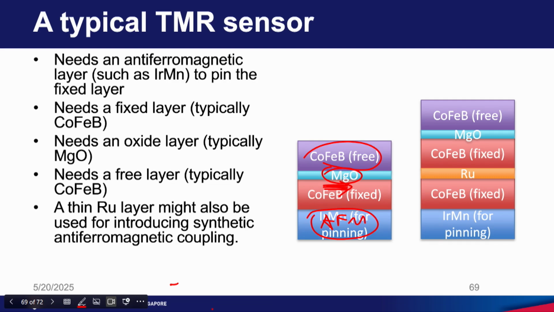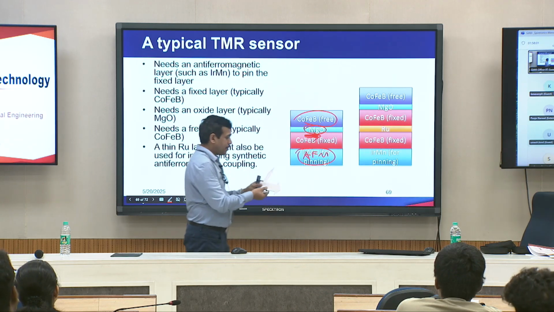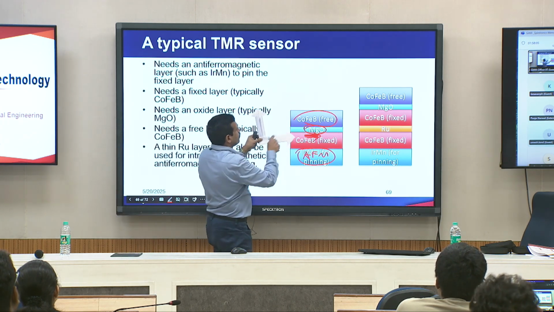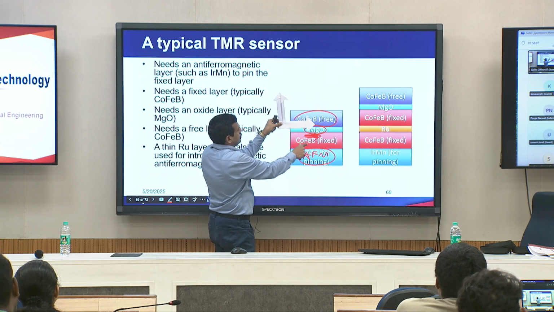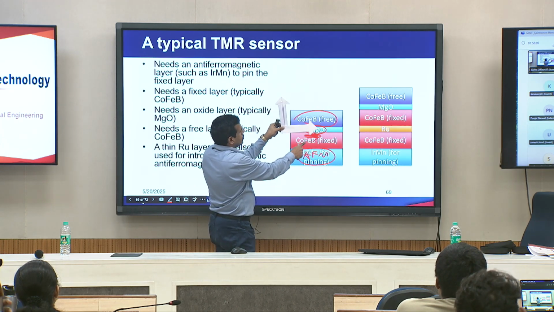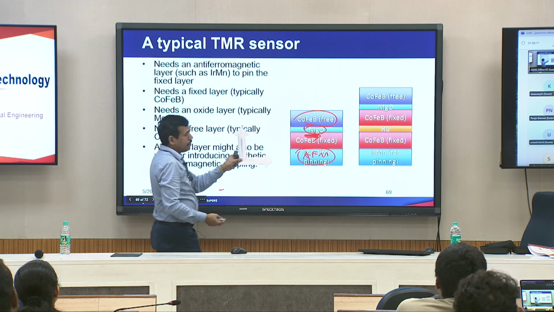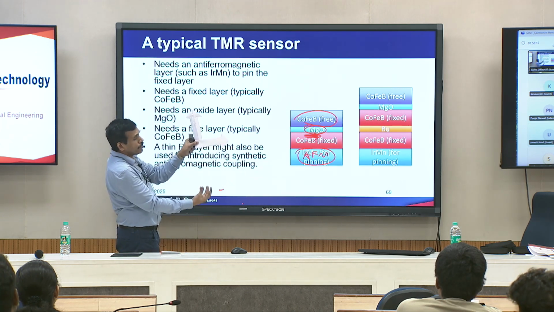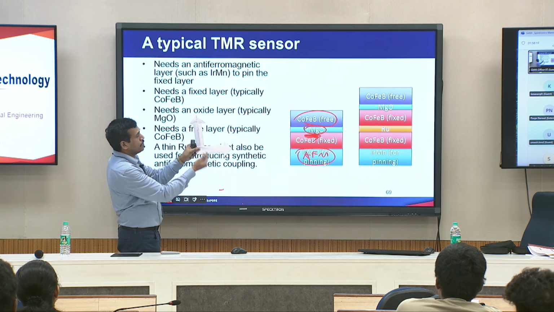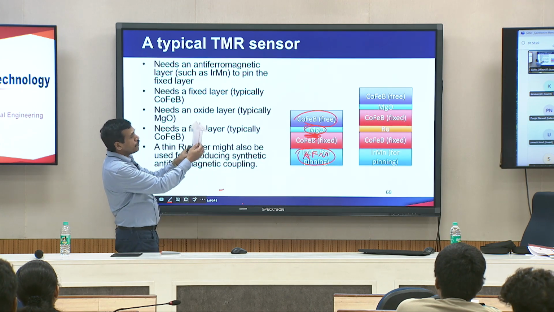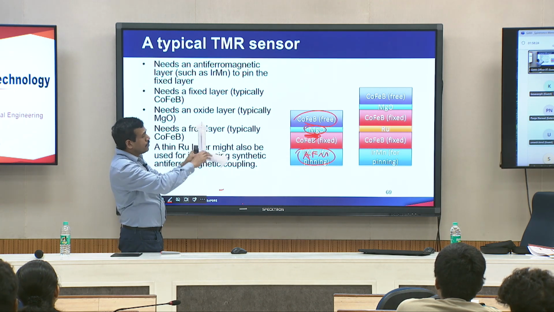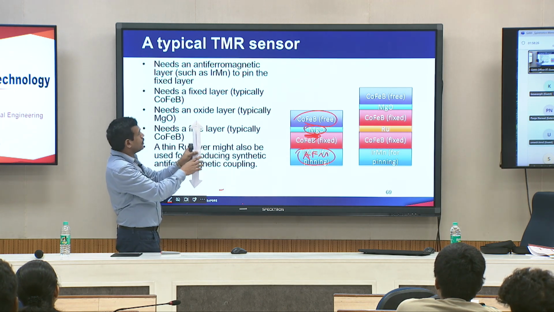Okay. So, here again in the absence of a magnetic field, the two layers' magnetization will be perpendicular. The free layer magnetization will be pointing along this direction, the fixed layer is in a certain direction. Like this. So, if the magnetic field from the recording media is going up, it will force this magnetization to be parallel, and if the recording media magnetic field is pointing down, these two magnetizations will be anti-parallel.